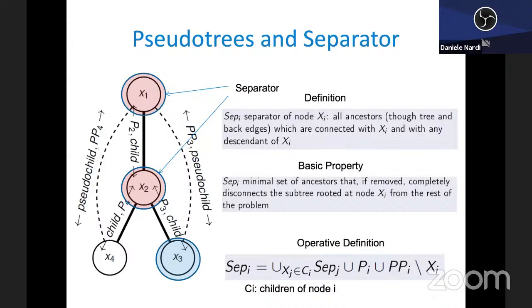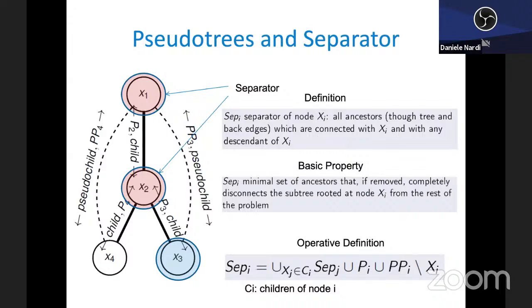Now you see at the bottom the first one of a series of formal characterizations of what a separator is. And let me read this one. We are not going to focus on those writings because the notation maybe is a little bit cumbersome, but we will have to clearly understand what's the concept behind.